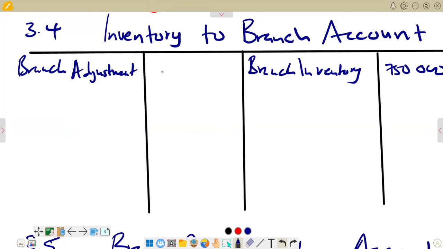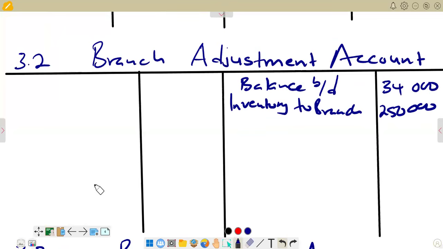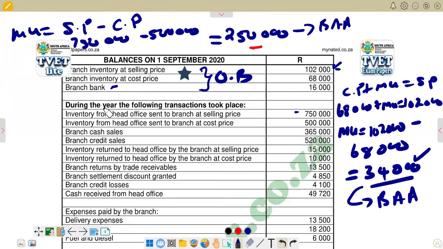This is what we have for this entry. We can cross-check the entry in the branch adjustment, 250, then look for the next transaction.